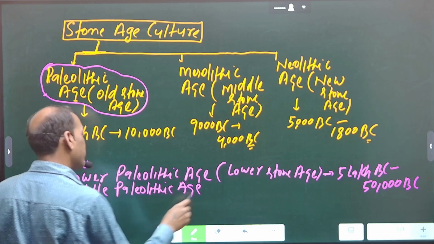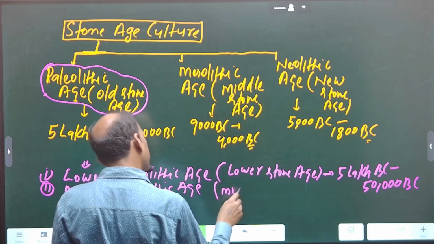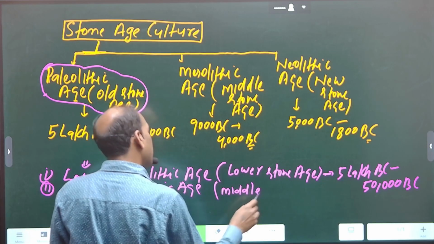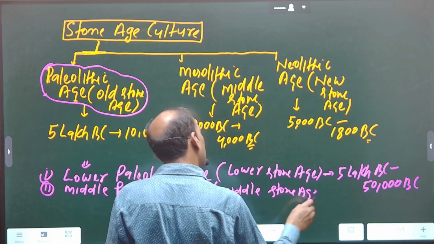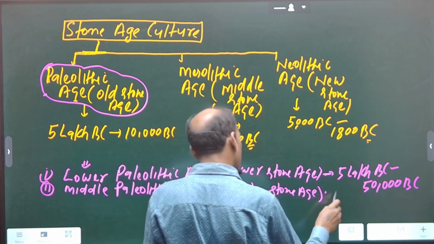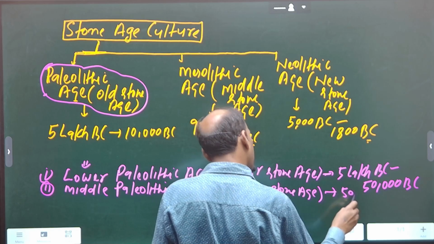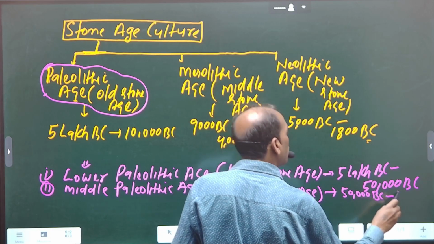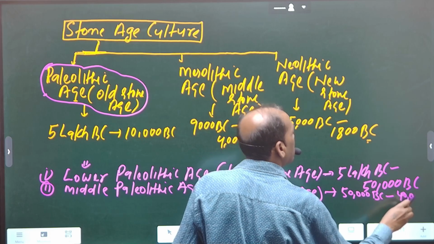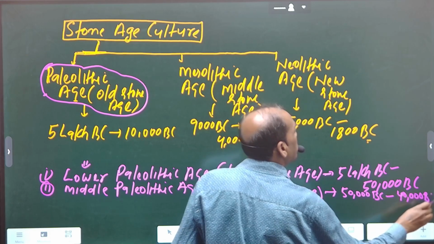Paleolithic age or middle Stone Age, 50,000 BC to 40,000 BC.